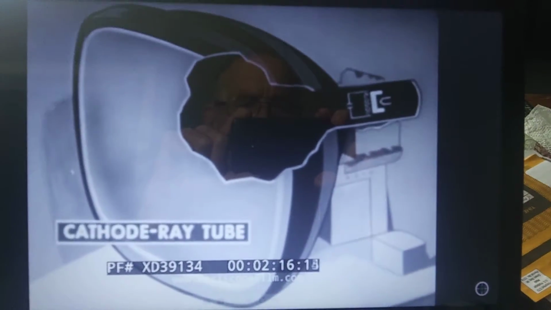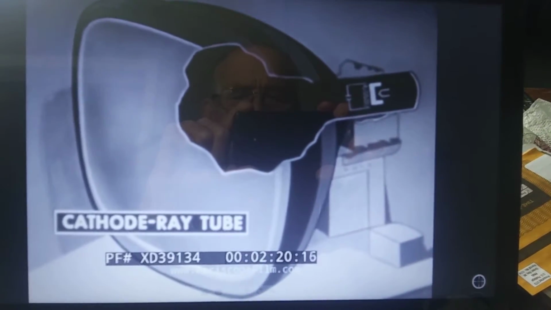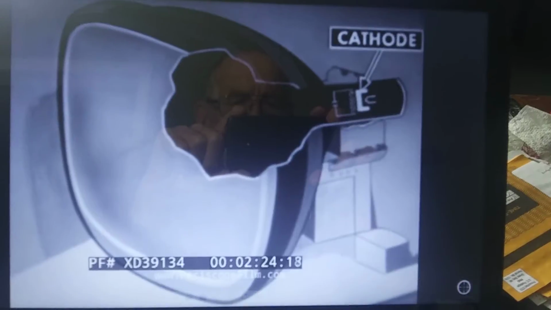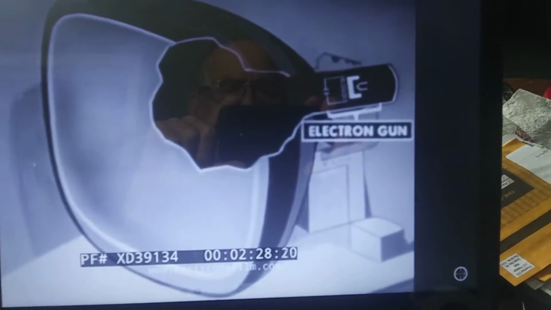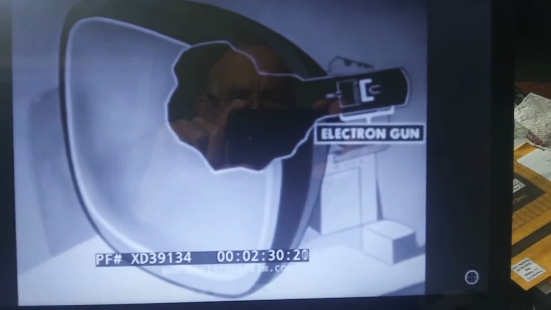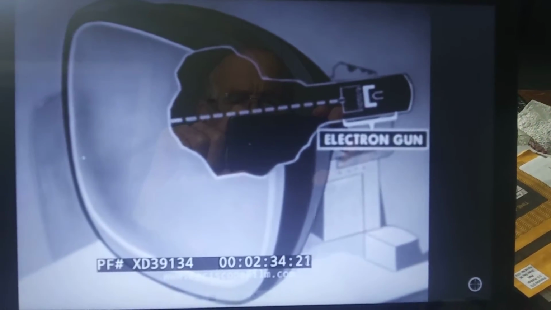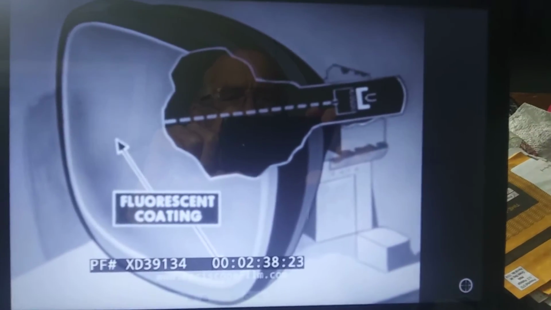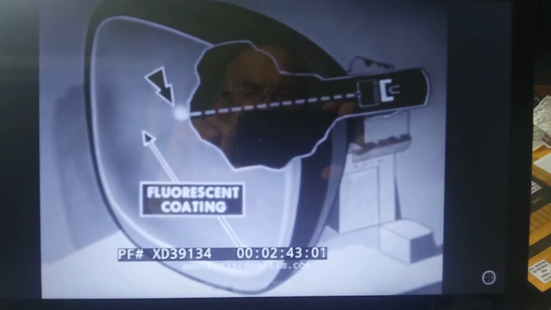This is known as a cathode ray tube, because under high voltage electricity, the cathode gives off a beam or ray of electrons. You might call this an electron gun, which shoots a stream of tiny negative particles at the face of the tube. The fluorescent coating on the face glows where the electron beam strikes it.